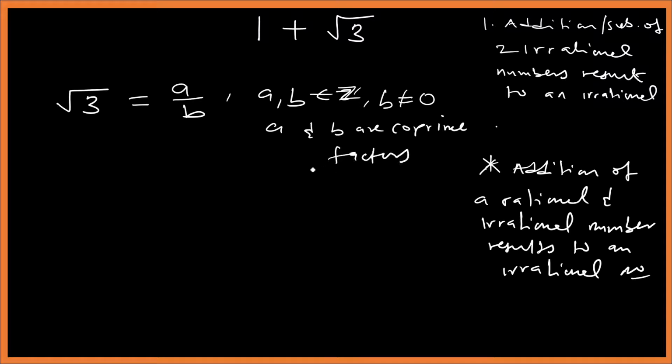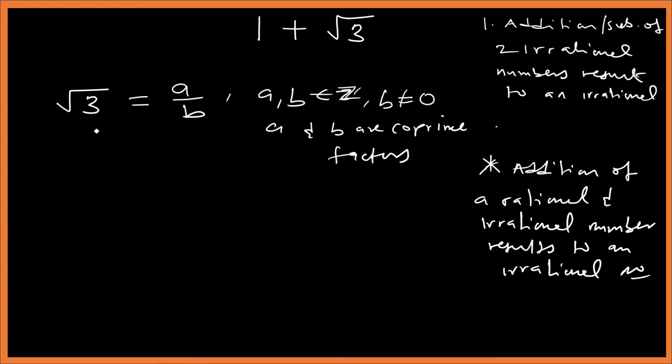What it means is that a and b should not have common factors, so no common factors except 1. That is the meaning of co-prime factors. We are going to prove that root 3 is an irrational number. Once a and b have a common factor, it means that they are not rational, and therefore root 3 is an irrational. So let's get started.